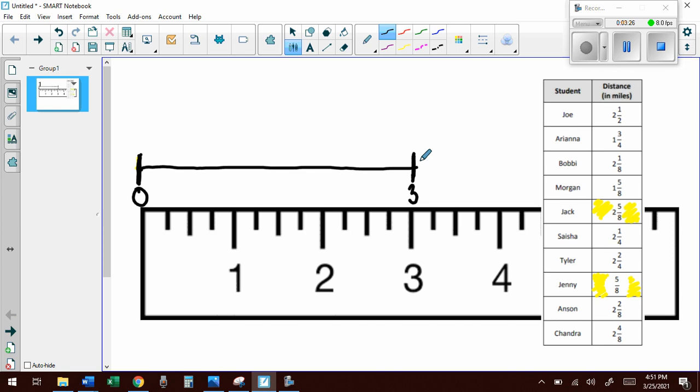What else do you notice about these fractions? I notice that we have some fourths, eighths, and halves.